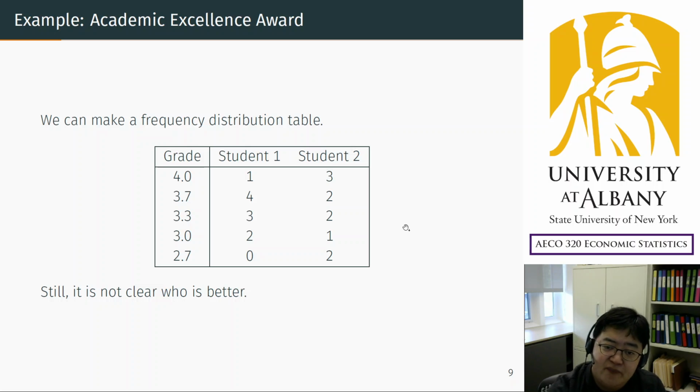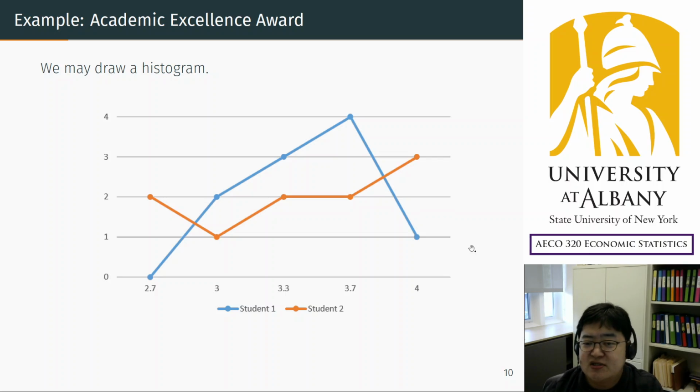Another way that helps you compare them is to make a histogram. I made it as a line chart, but you can make it as a bar chart. It does not make a difference. If blue is student 1, it means student 1 got B flat in 2 classes, and A minus in 4 classes.